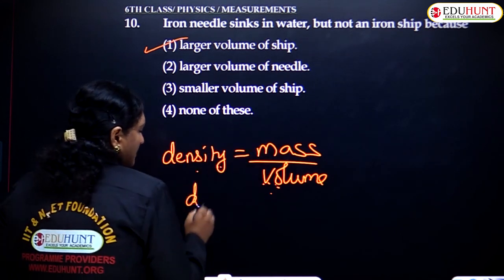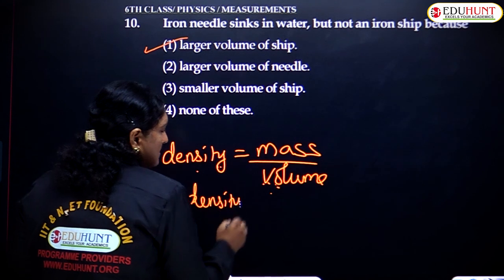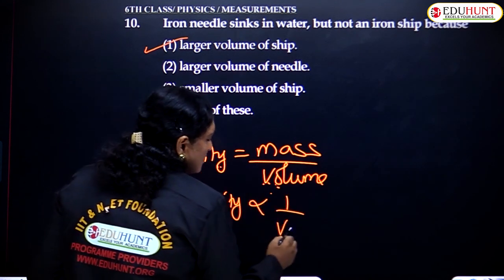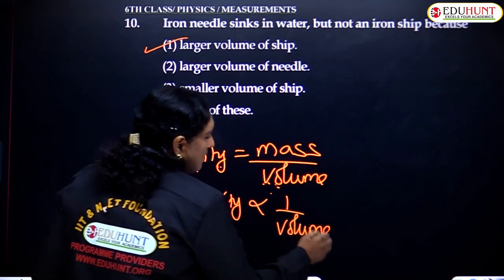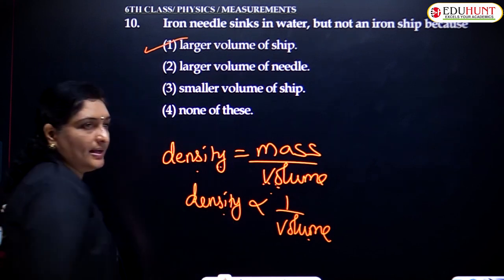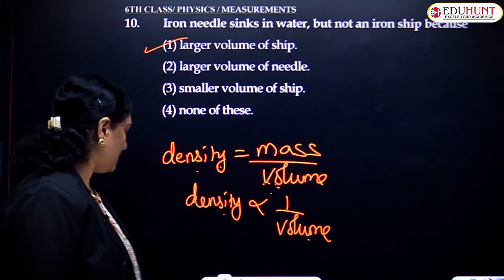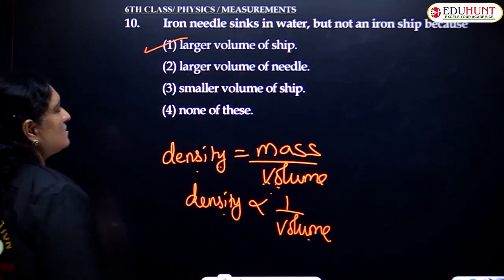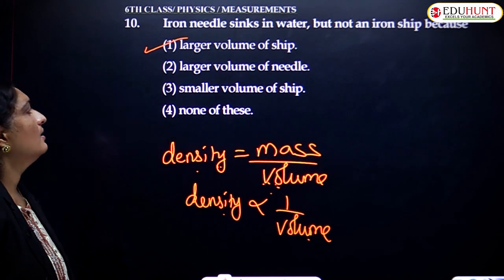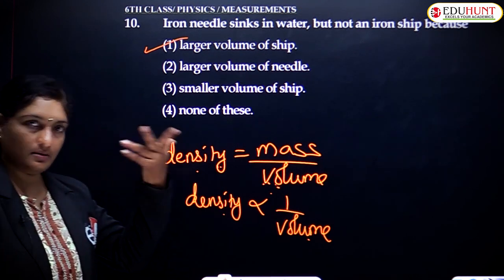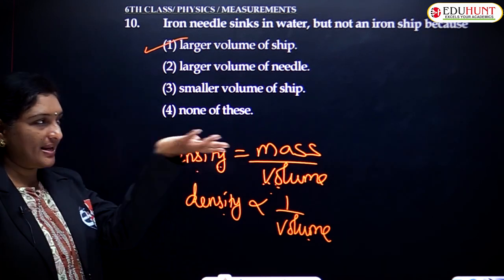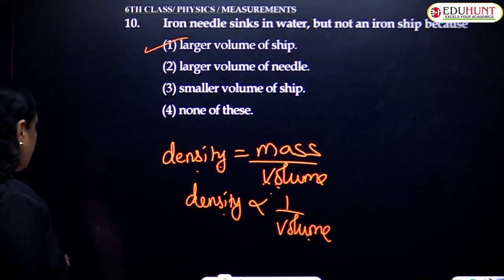Density is inversely proportional to volume, the reciprocal. So what is the correct answer? Because of the larger volume of the ship, the needle sinks down, whereas the ship floats.